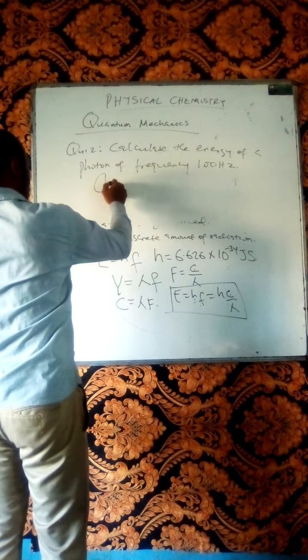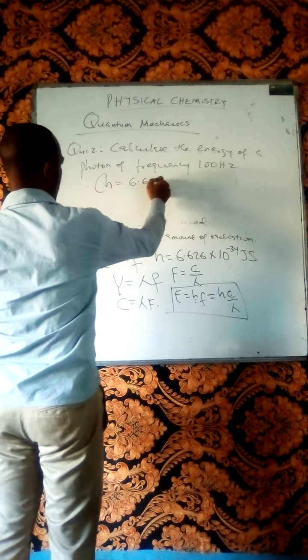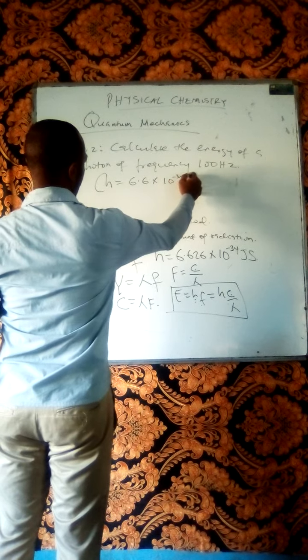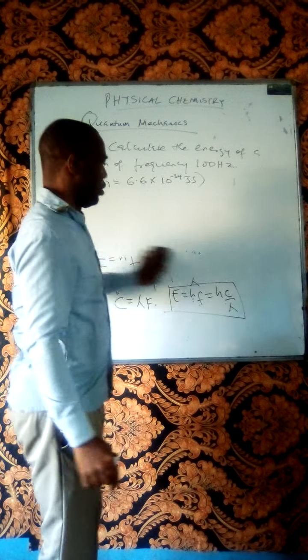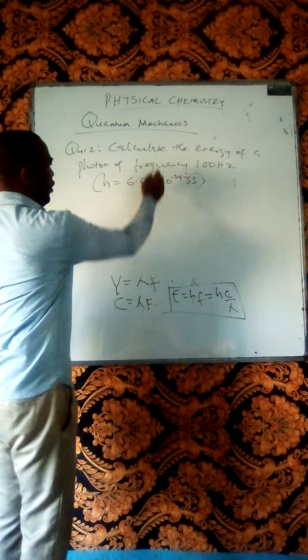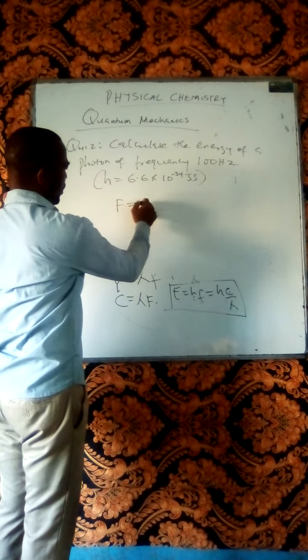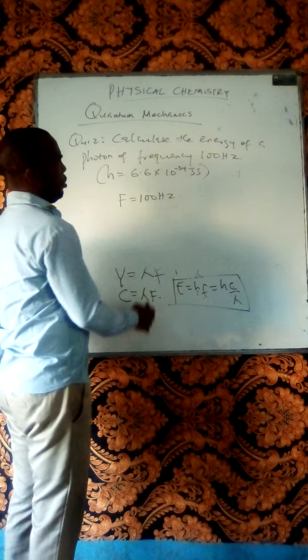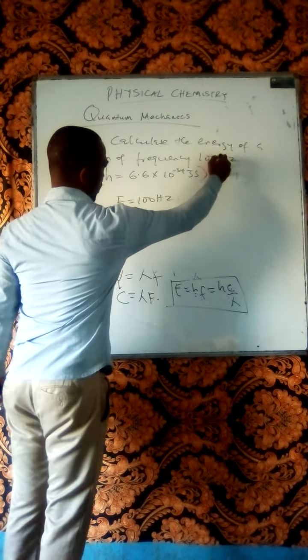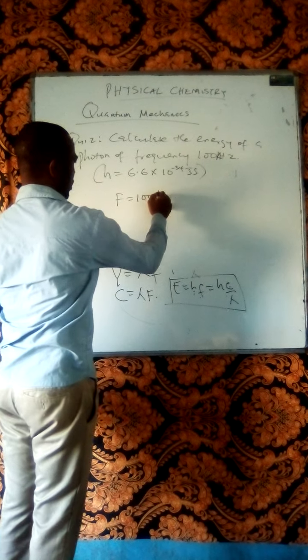The Planck constant is given as 6.6 times 10 to the power minus 34 joule seconds. So let's say we have this kind of problem to tackle. So we have frequency as 100 kilohertz.